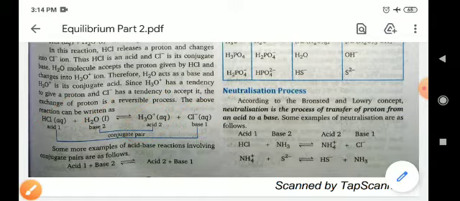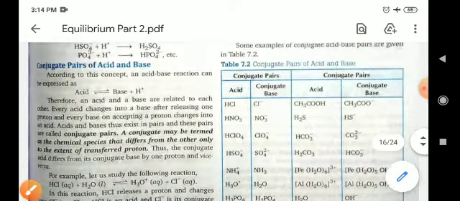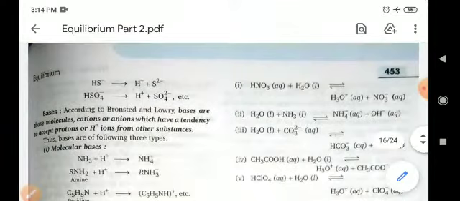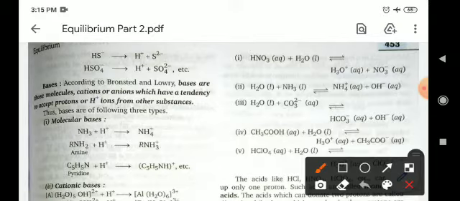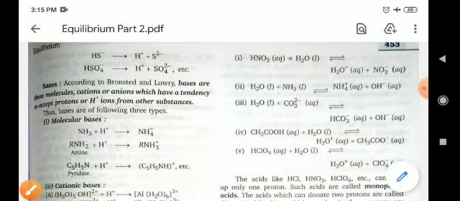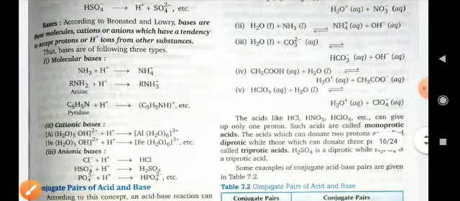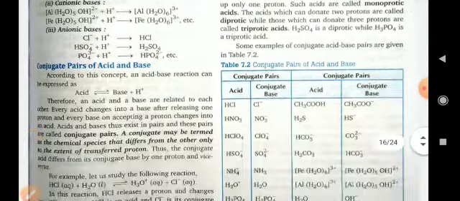If in any reaction an acid reacts with a base, then the species containing positive charge is the conjugate acid and the one containing negative charge is the conjugate base. So in any reaction you can identify the conjugate acid base pair.